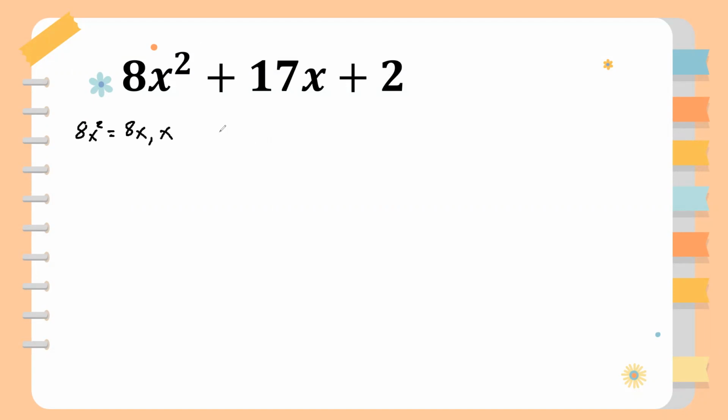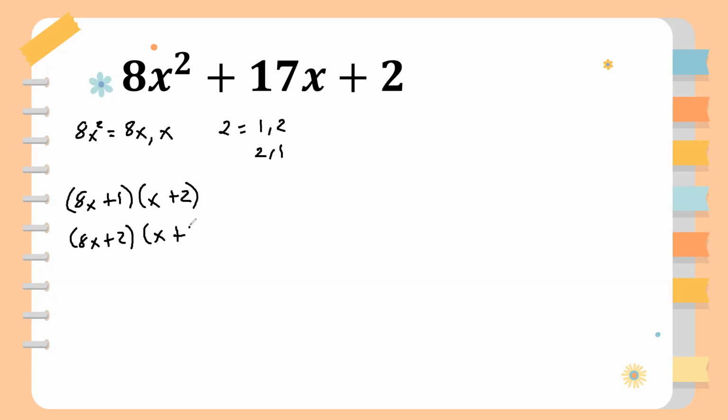And then for the value of 2, medyo madali-daling kunin yung factors niya, 1 times 2, 2 times 1. Yun lang. Basic. Okay? So we have 8x plus 1 times the quantity of x plus 2, and then 8x plus 2 times the quantity of x plus 1.